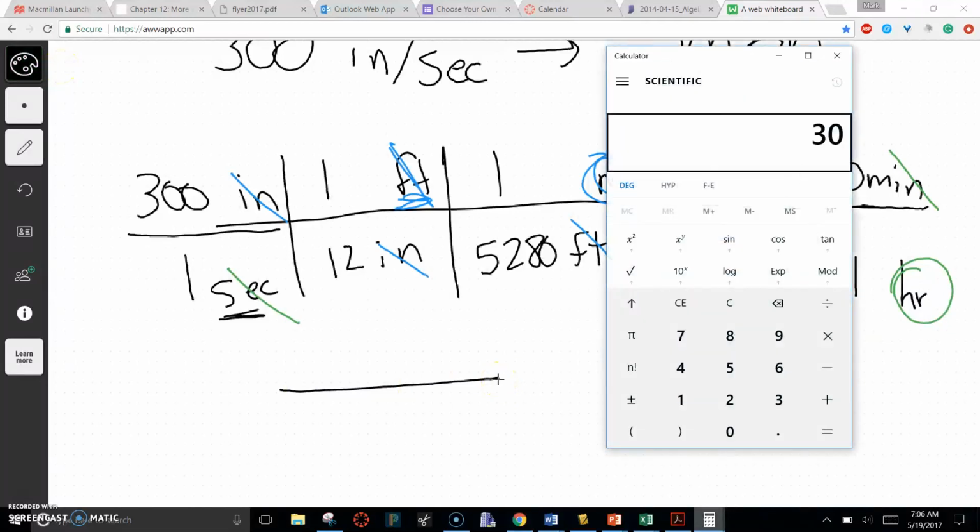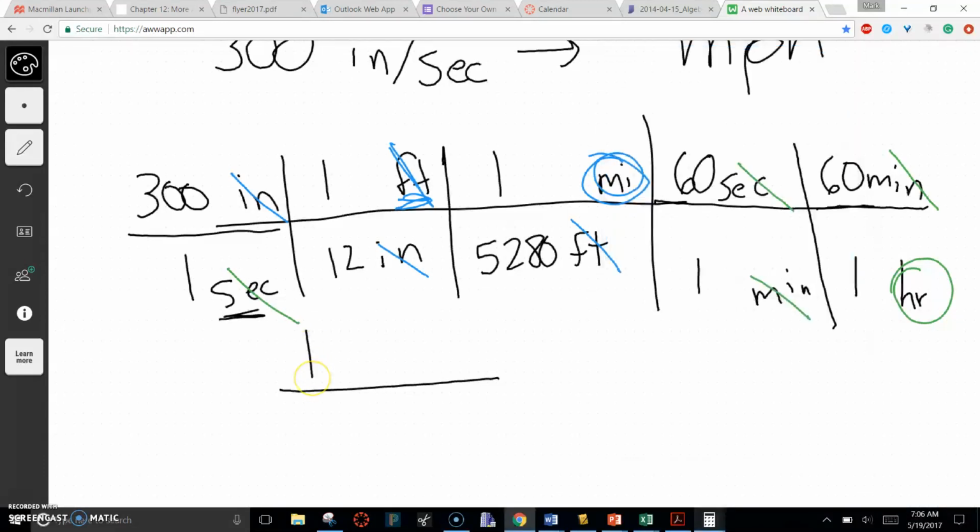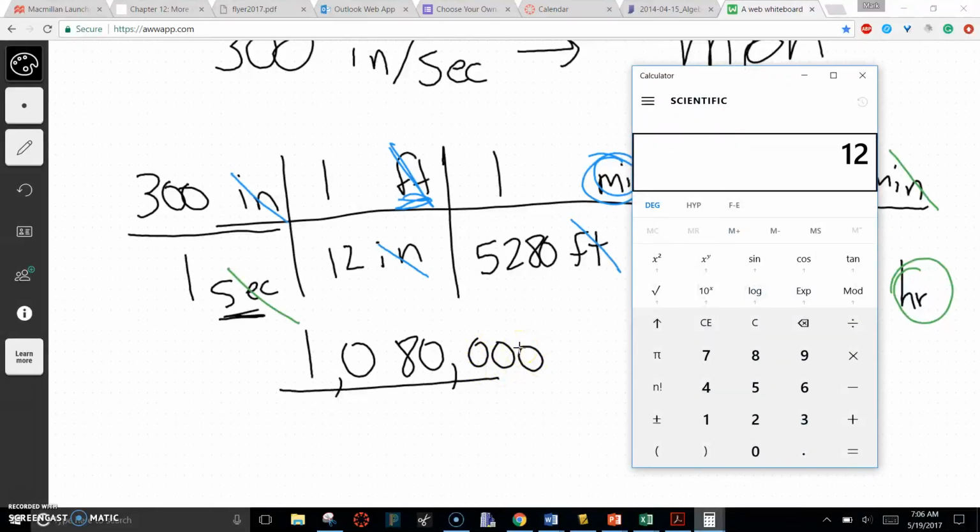You just take the top, multiply it. That's a big number. I'm going to double check. Yep, so 1,000,000. Okay, so now we're going to multiply the bottom.